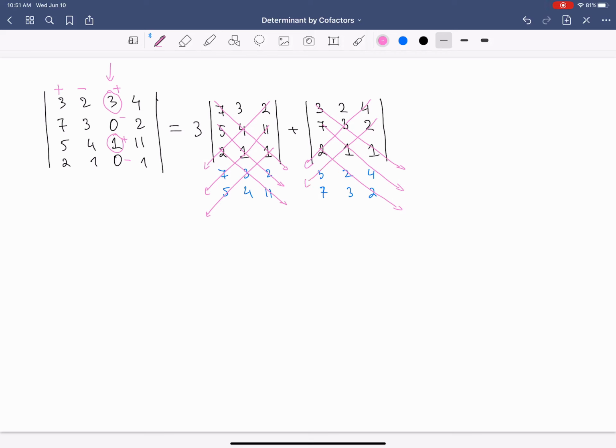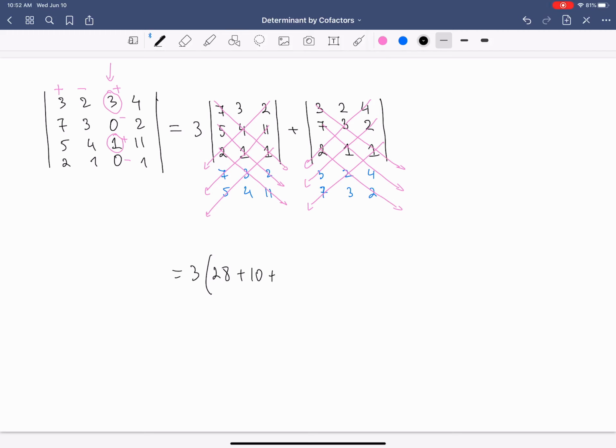Right? There we go. And so here I have 3 times, I'm going to open parentheses because I have a bunch of pluses and a bunch of minuses. Along the first diagonal, I have 7 times 4, which is a 28. Plus, along the second diagonal that points to the right, I have 5 times 1 times 2, that's a 10.